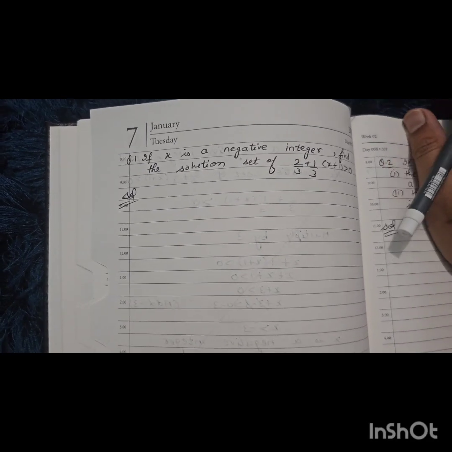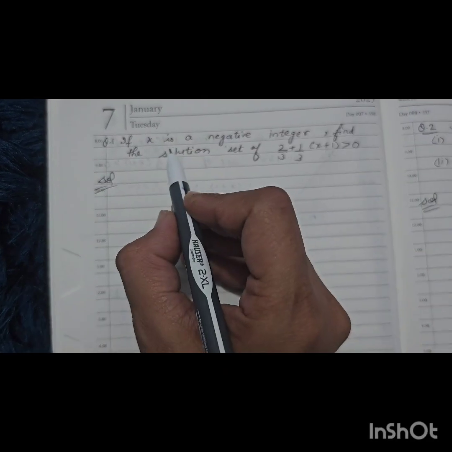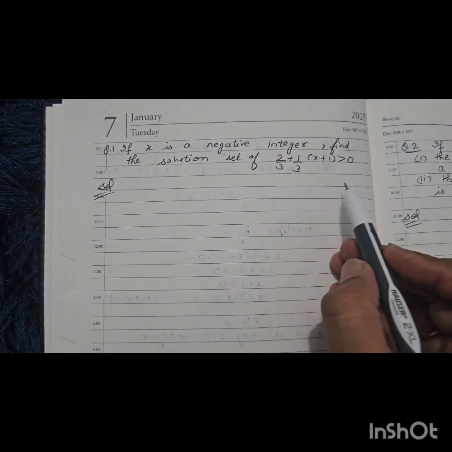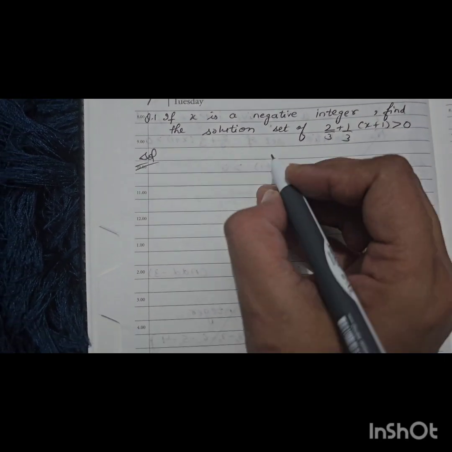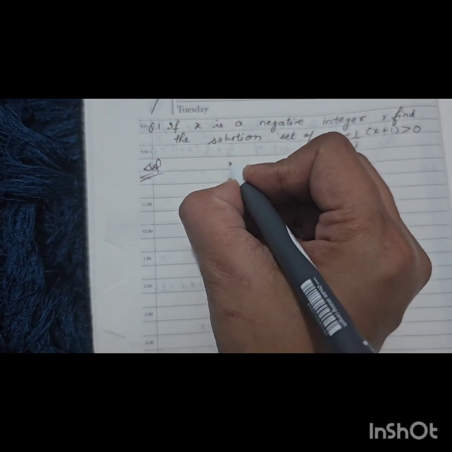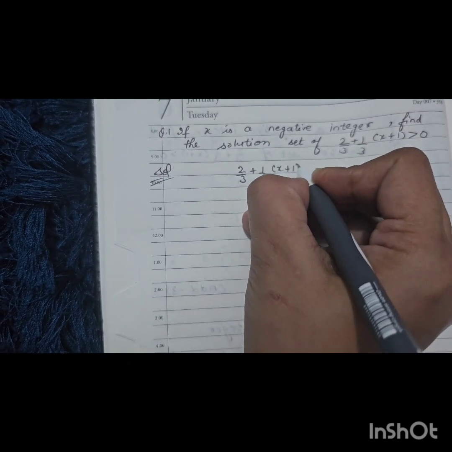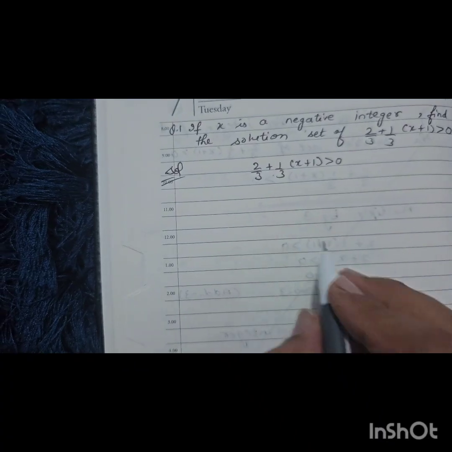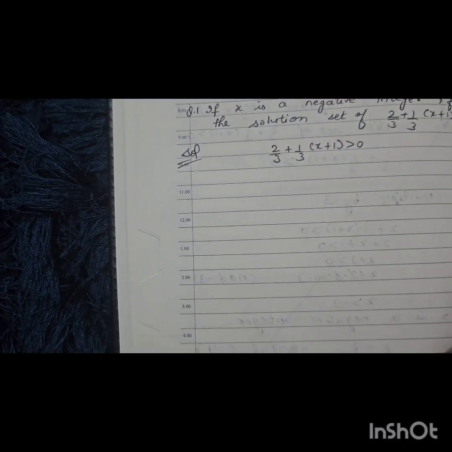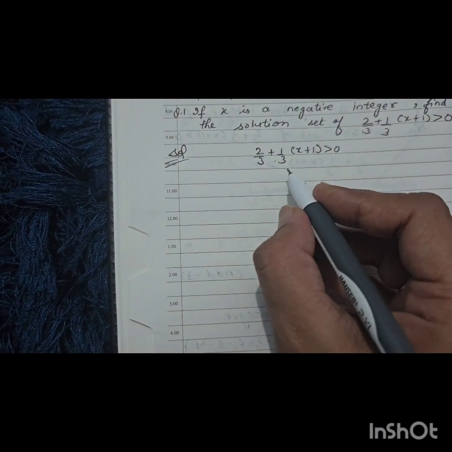Now let's begin with first question. If x is a negative integer, find the solution set of this. First of all, I will write the linear inequation. Okay, and just observe the steps and listen carefully how to solve linear inequations.